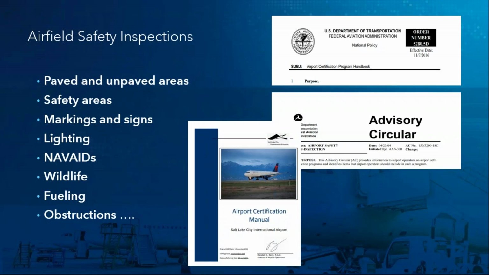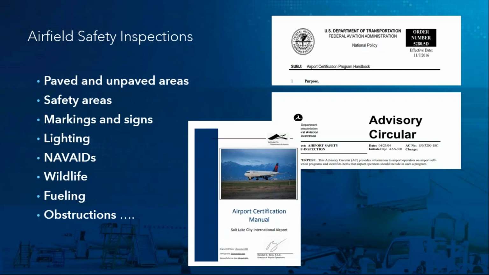And then there is really a checklist, and we'll actually see that. Some of the areas on the checklist are, obviously, paved and unpaved areas, safety areas, markings, signs, lighting, navaids, including wildlife sightings and other elements.